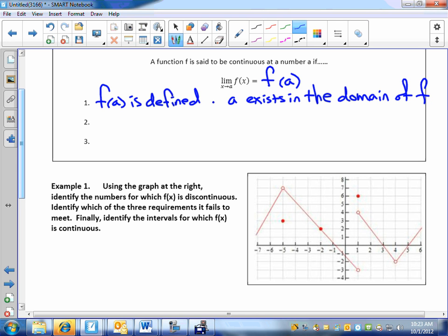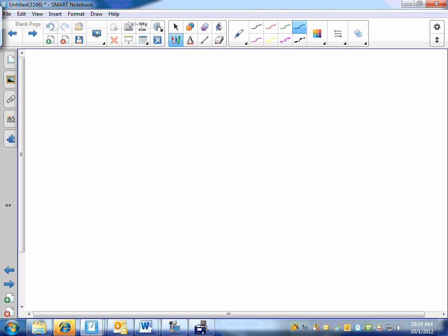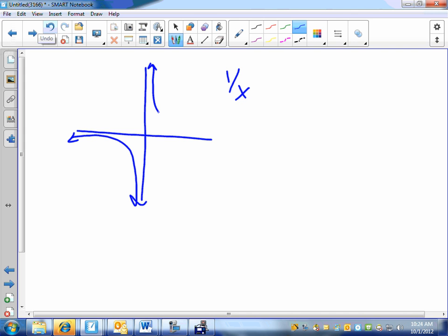Does that make sense? Here's another thing that must be true. The limit as x approaches a of f of x must exist. Consider the function 1 over x, whose graph looks like this.